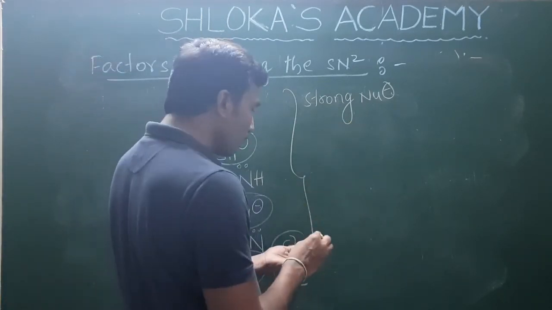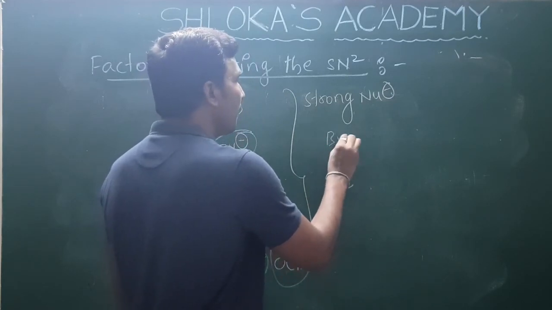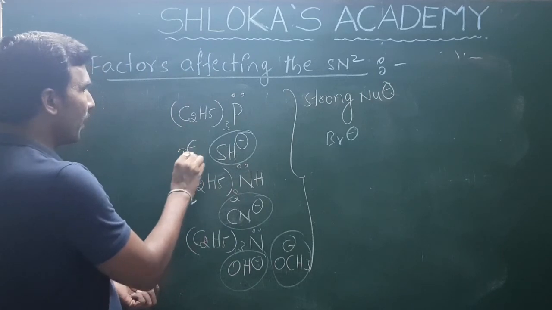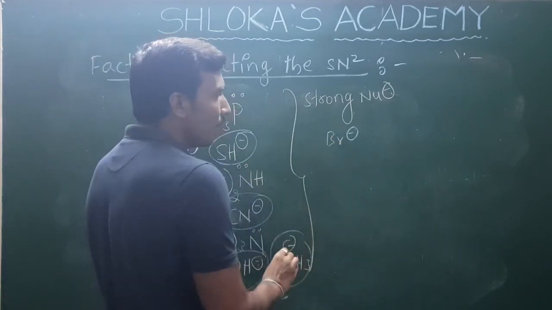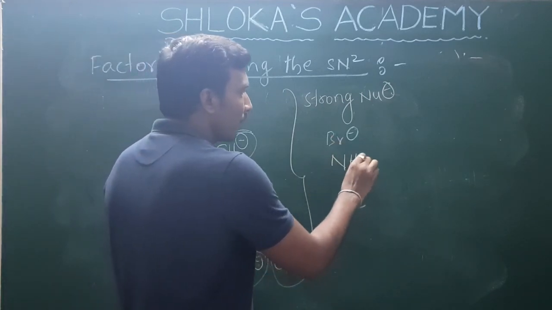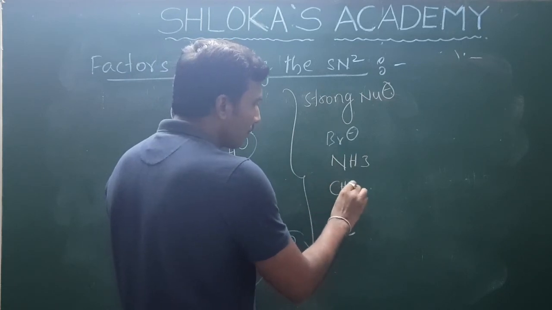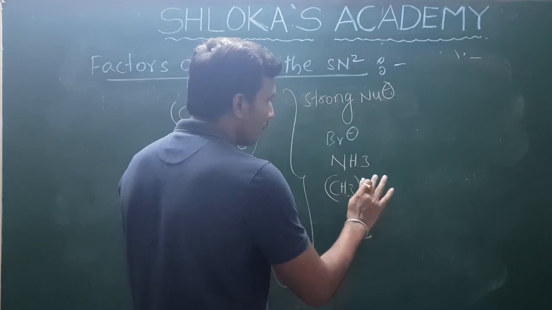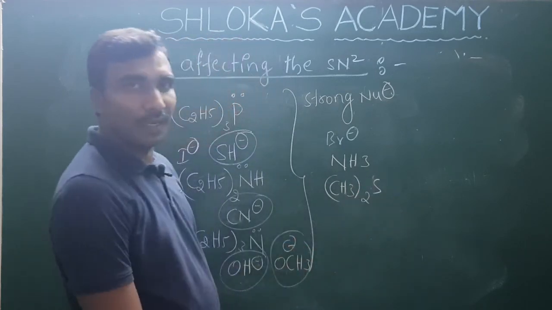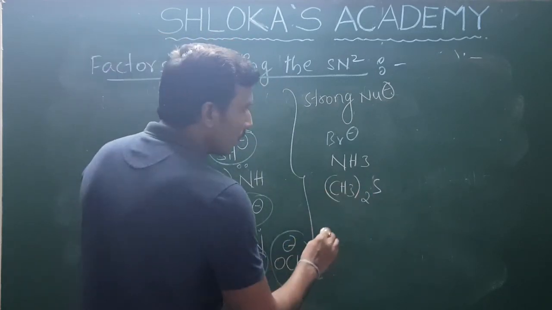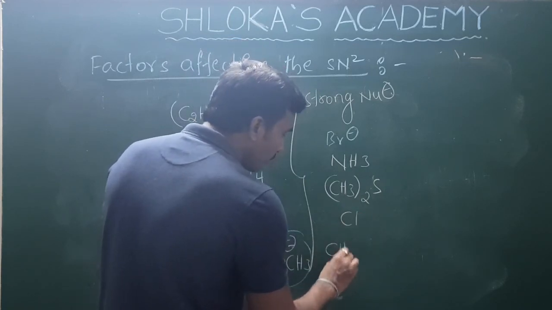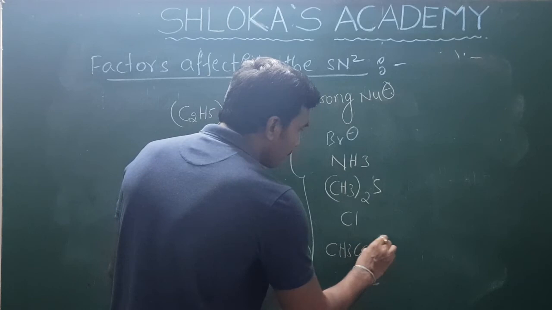And moderate ones are also there. After SH minus, I can take I minus, Br minus, NH3, dimethyl sulfide, then Cl minus and CH3COO minus.